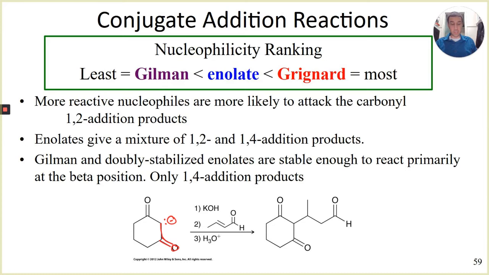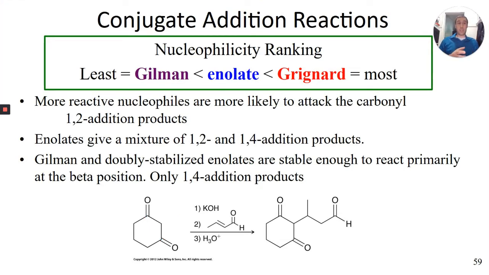What makes this particular starting ketone for our enolate nucleophile so special is that we also have another carbonyl. And why is that a big deal? Well, I can get resonance stabilization with the red carbonyl, our standard enolate. I can also get resonance stabilization with the blue. Those two stabilizing factors together weaken the nucleophilicity of the enolate enough that now it prefers 1,4.